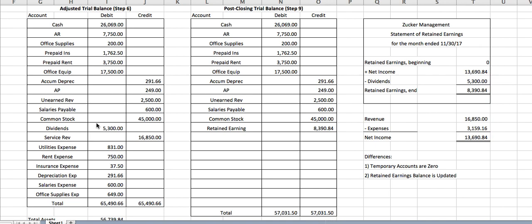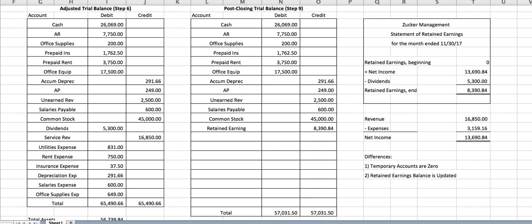And that number articulated here from the income statement to the statement of retained earnings. Then we took our dividends here from the adjusted trial balance and dropped them here in our statement of retained earnings. So the net income was the earnings that we made during the period. Our dividends were the earnings that the owners took out of the business.